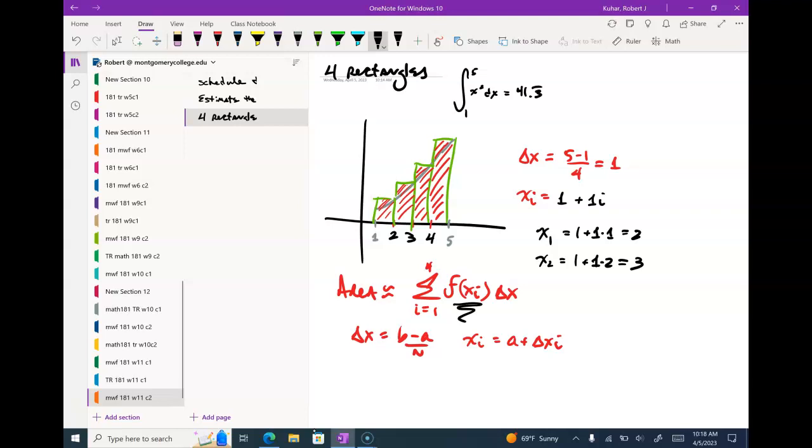So this height right here, do you see it as f of 2, the function at 2? This is the height of the rectangle, and this is the base of the rectangle. Height times base is my area, and sigma says add them up. That Greek letter S, this guy is sigma, means sum. So we're adding all of those rectangle areas up to get the estimate of the area under the curve.